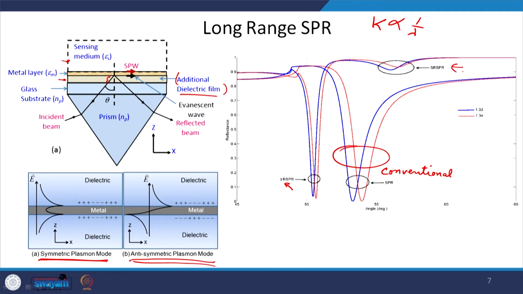So, when you add an additional layer between the prism and the metal, you will have two plasmonic modes, plasmonic super modes. One will lead to long range surface plasmon resonance, the other one will have short range surface plasmon resonance, and they have different sensitivities also. I told you that at larger lambda it will have larger penetration depth, it is not the case here.